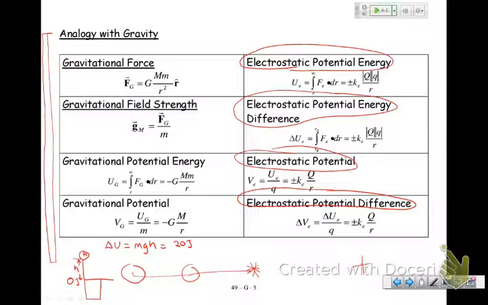Once they're not pulling on me, I'm at the top of the universe. Let's call that 0. So this is minus 10 joules. That's minus 20 joules. That's minus 30 joules. That's minus 40 joules. It's weird measuring potential energies in negative numbers, but why not?